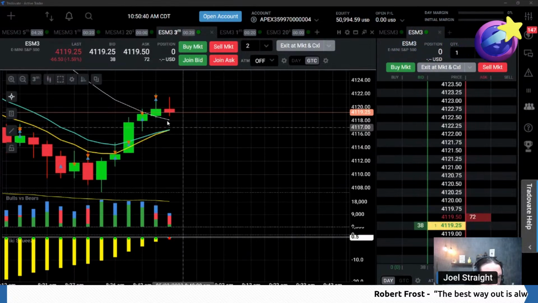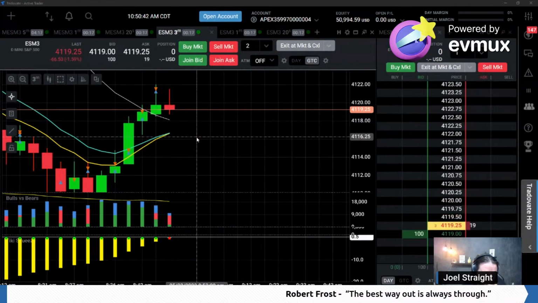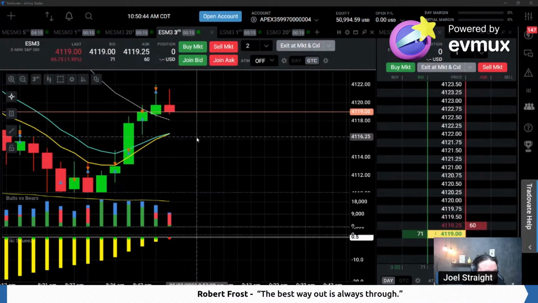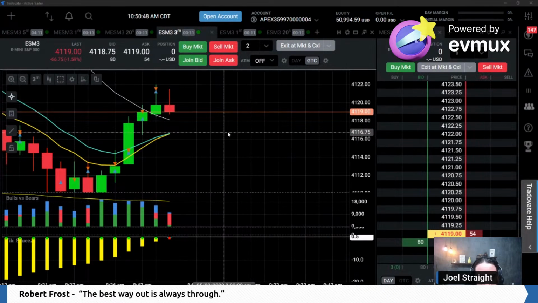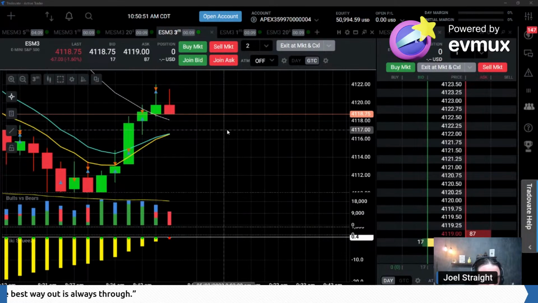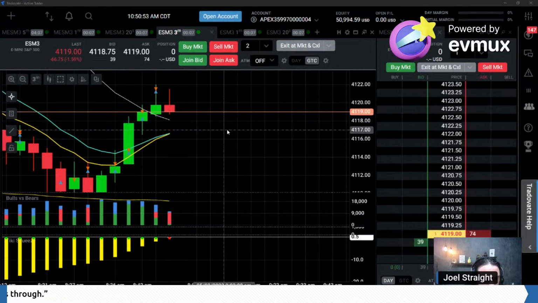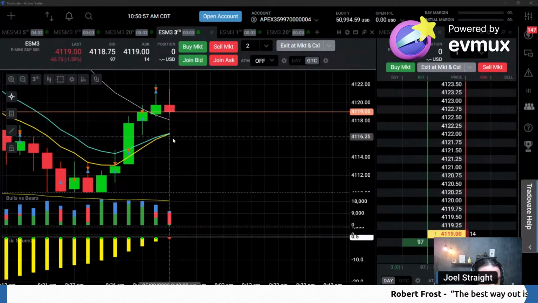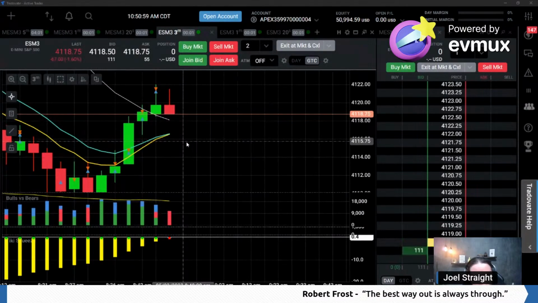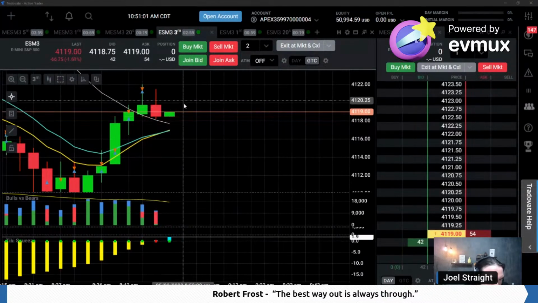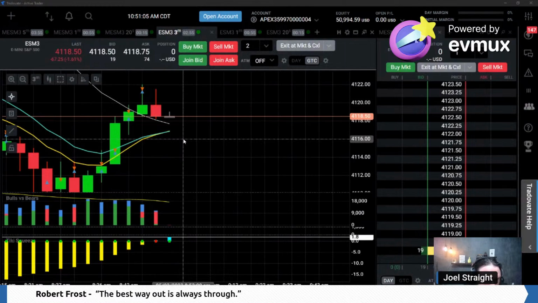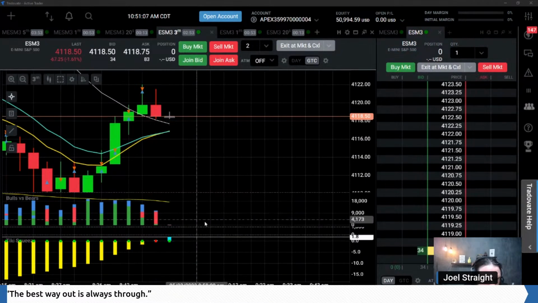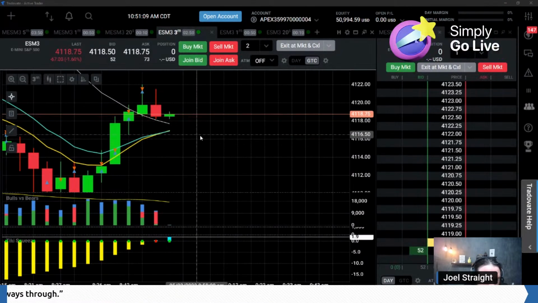In about 30 seconds, we'll have a new 3-minute. $19 looks like a pretty solid zone for a long. But on the 3-minute, the 9 is actually beginning to dip below the 12. I just don't want to see this rush back down, but it's looking pretty good. Green dot on TTM, 9 getting back above 12.